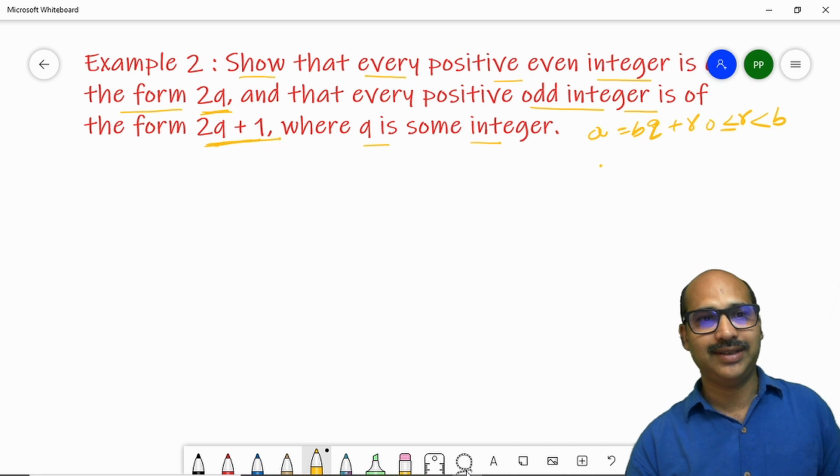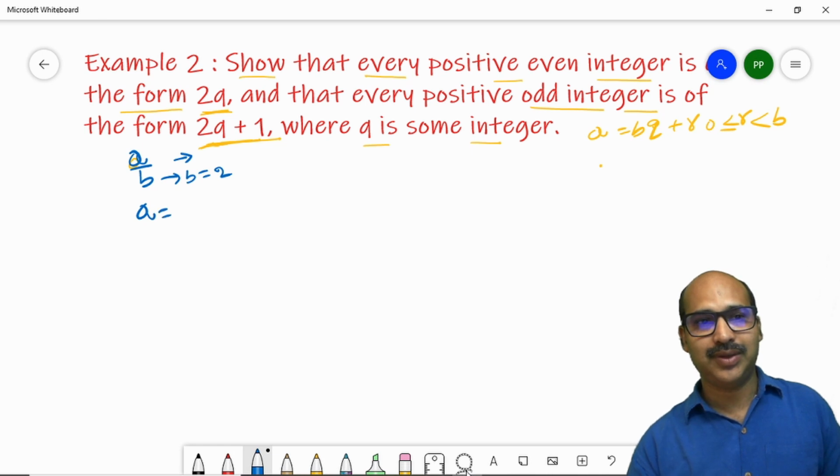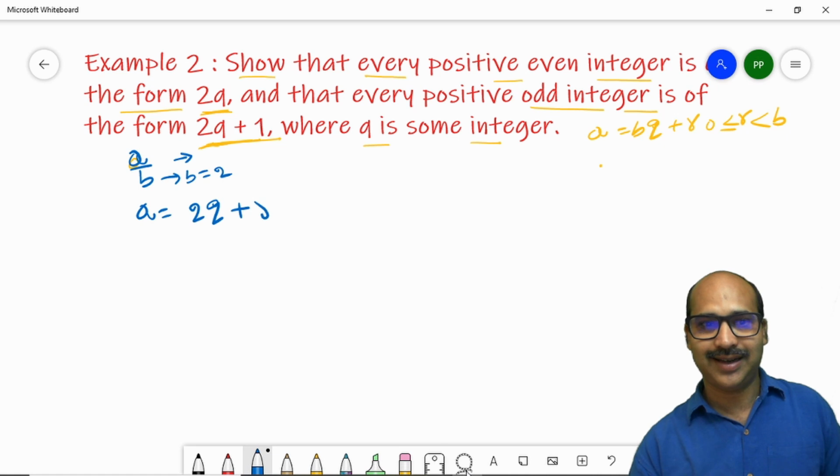Here something is divisible by 2. So a by b, what we consider to understand Euclid's division lemma. Here in this case b is equal to 2. Now a is equal to 2 into q plus r.